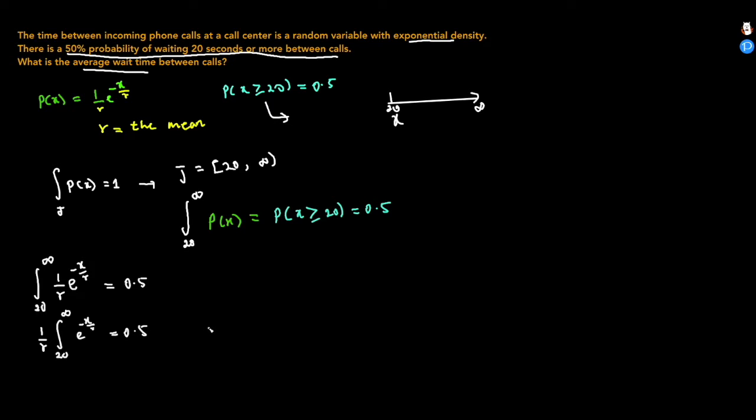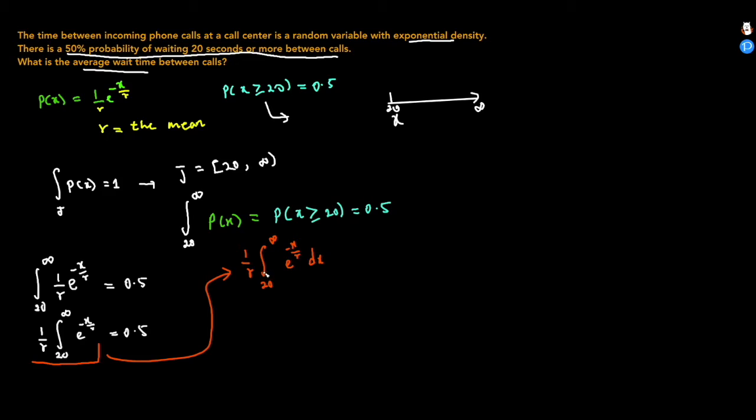Now we just need to solve this integral. So I'm going to take this and bring it over here, and then we have 1 over r times the integral from 20 to infinity of e to the minus x over r dx.